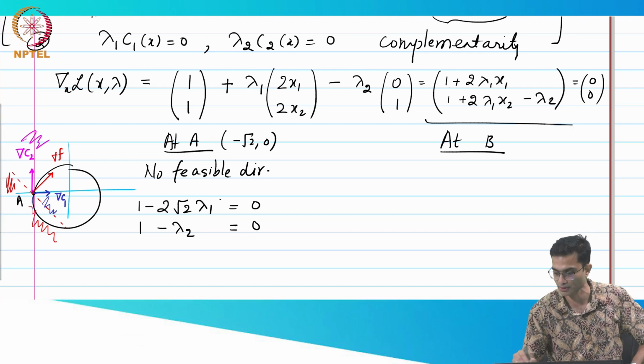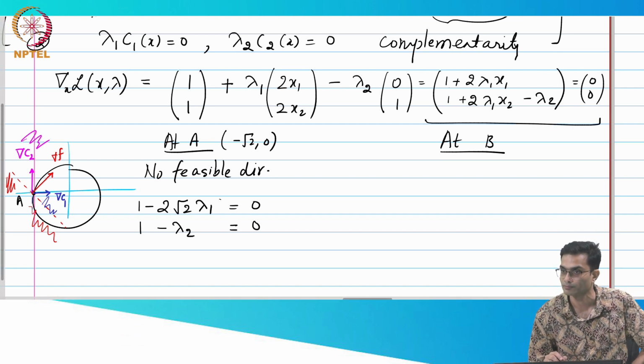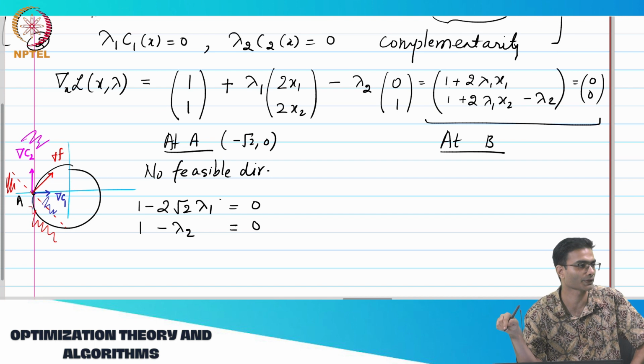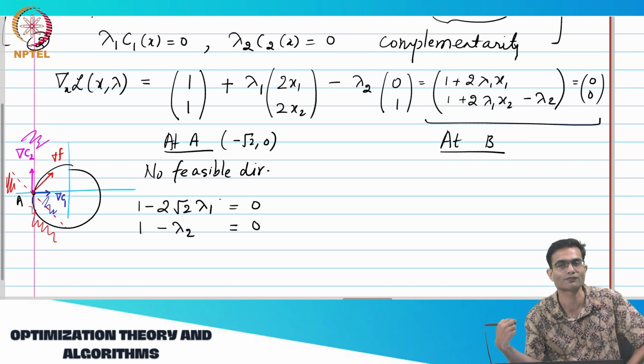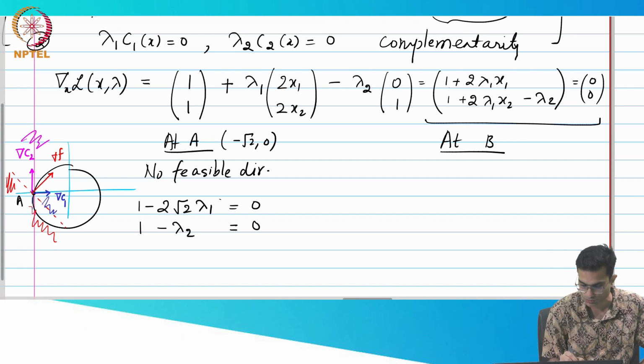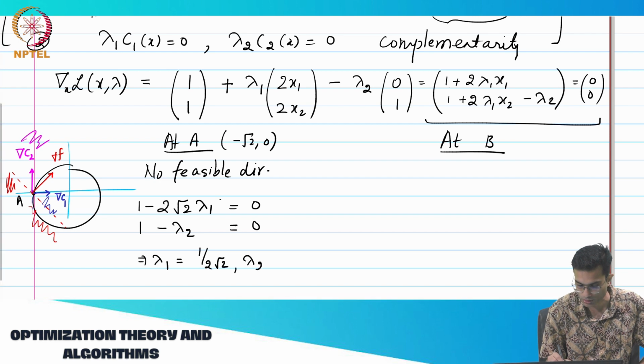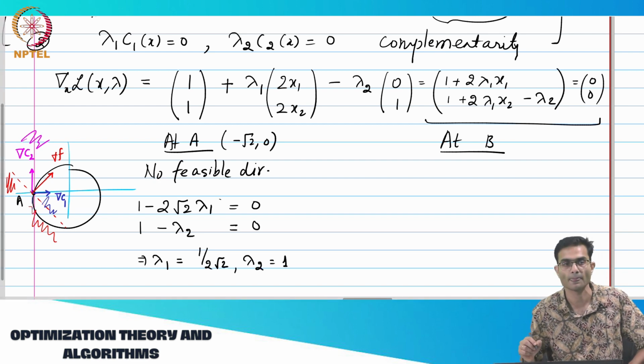I'm just using this condition over here. I substituted the value of x1 comma x2 equal to minus root 2 comma 0, put it into this simple equation, and I solve for lambda 1 and lambda 2. So this gives me lambda 1 equal to 1 by 2 root 2 and lambda 2 equal to 1.